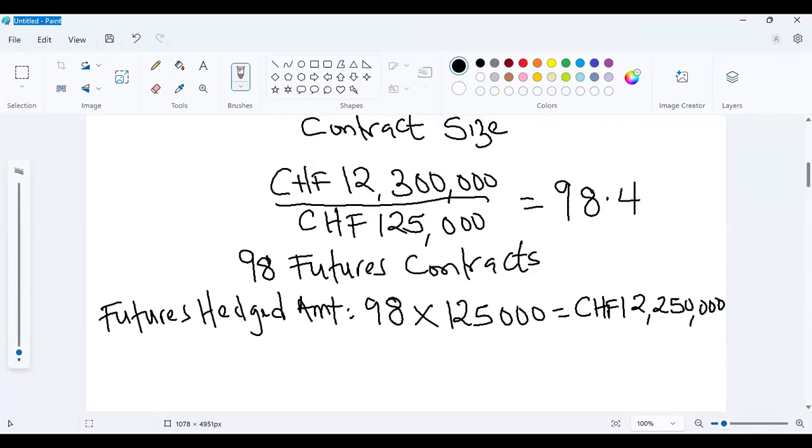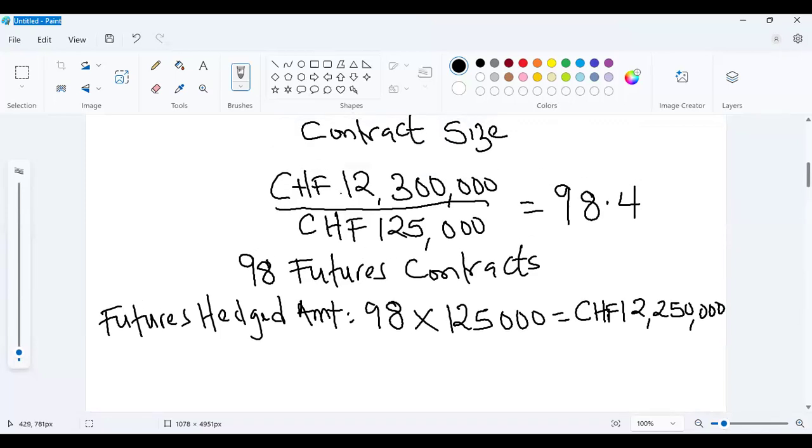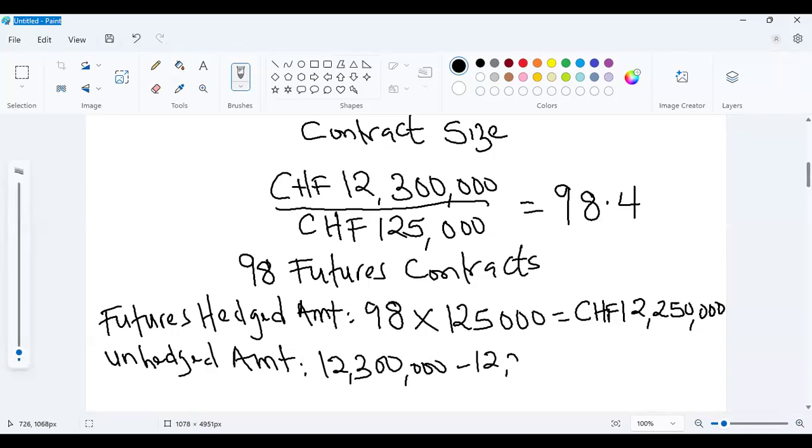Yes. Good. But look at your exposure. Your exposure is in CHF, your exposure is 12,300,000. That means on hedge amounts, out of 12,300,000, we have hedged 12,250,000.